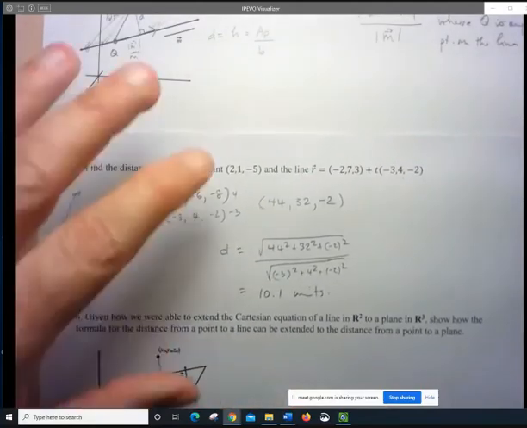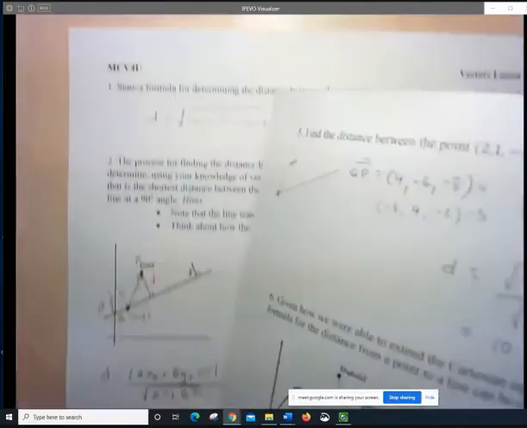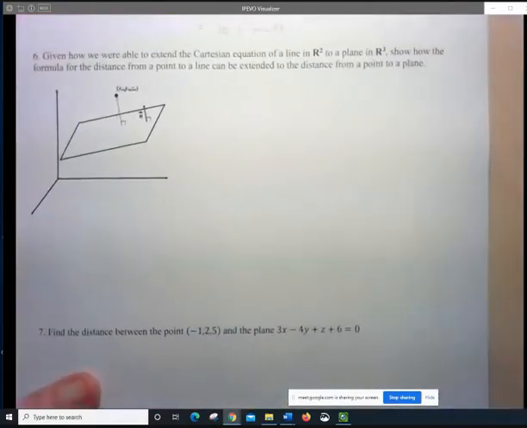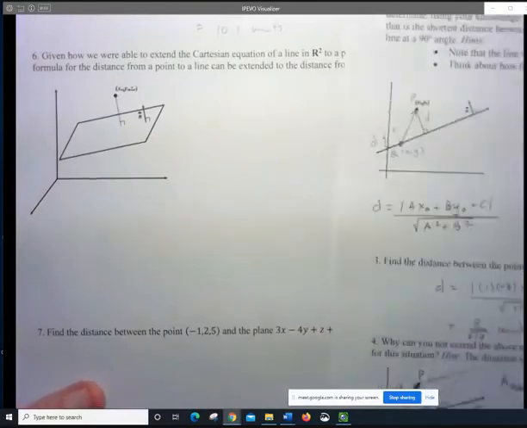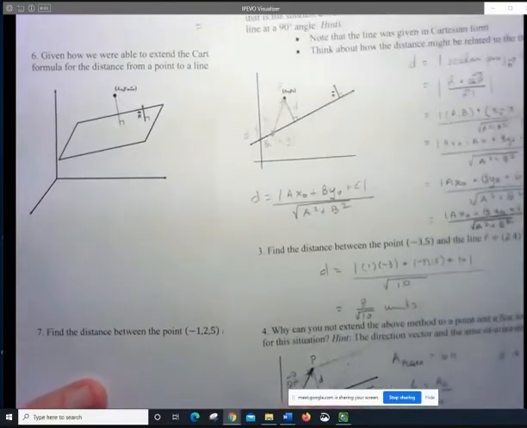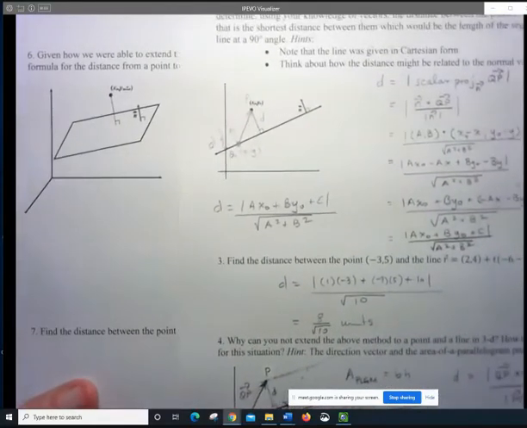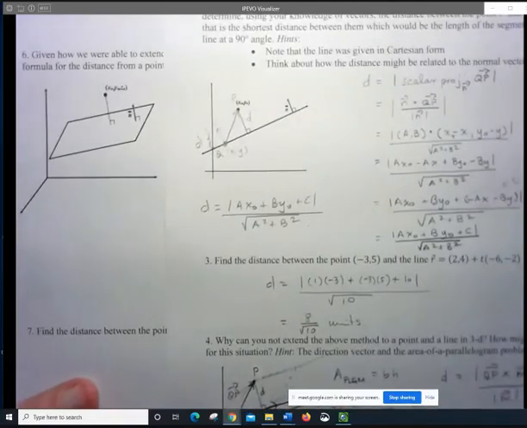Okay, so the last thing, and I'd like to have you try to come up with this yourself. Very similar to how we worked with the Cartesian equation of a line in 2D, and then we were able to use the exact same formulation for the Cartesian equation of a plane in 3D, well, guess what?